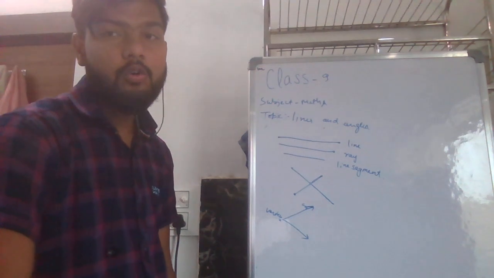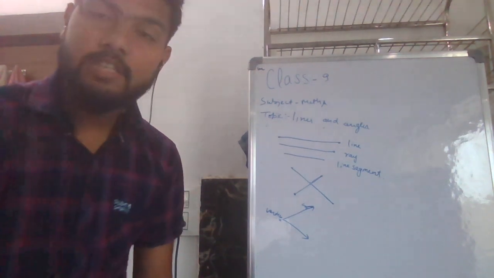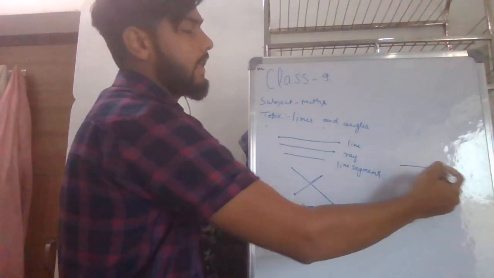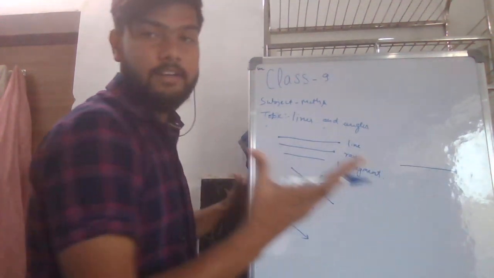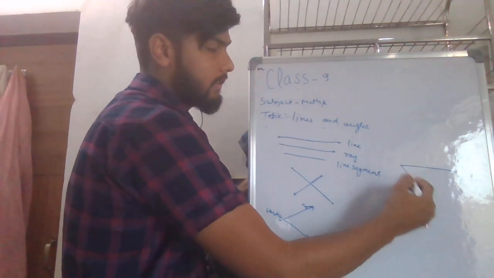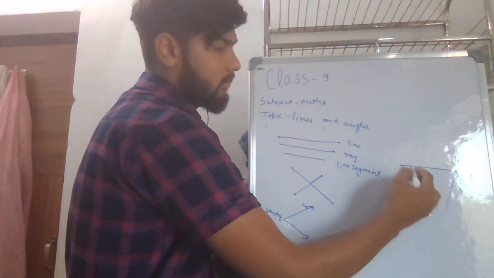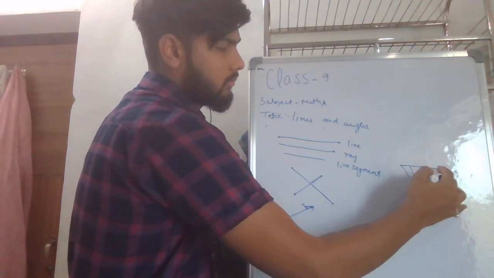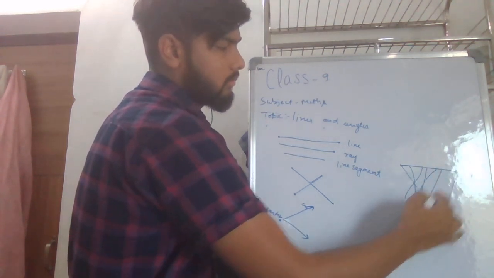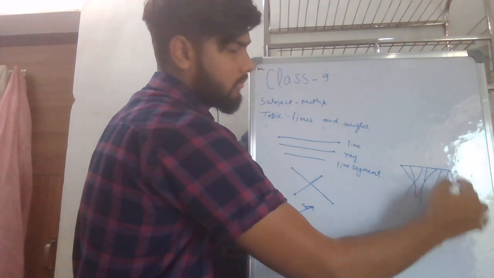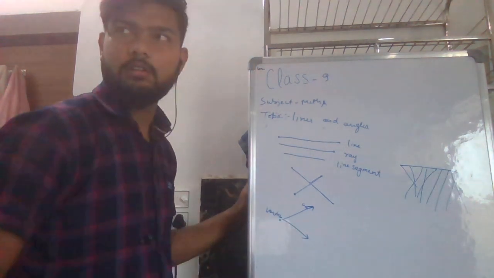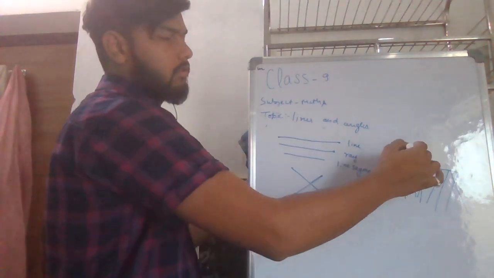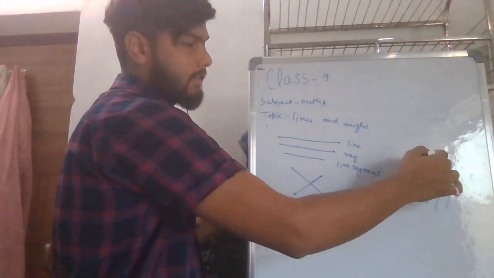As you see in your book, there is an image of different types of tables.